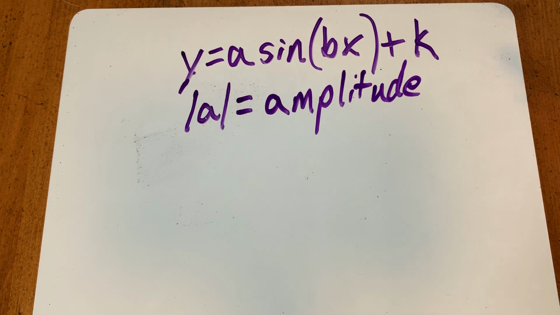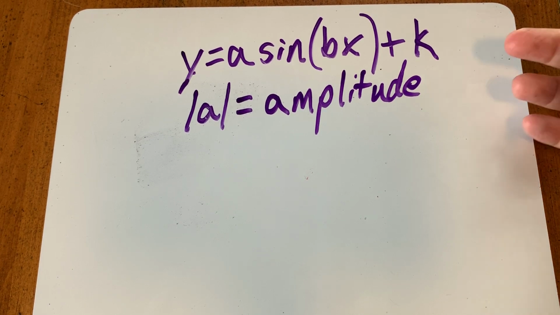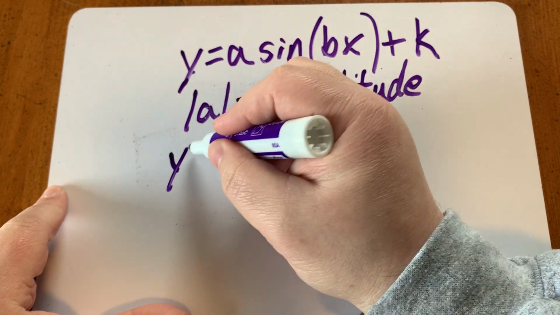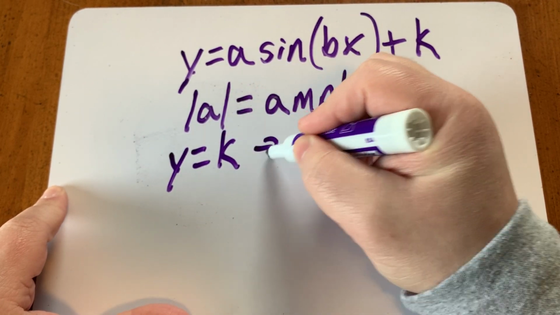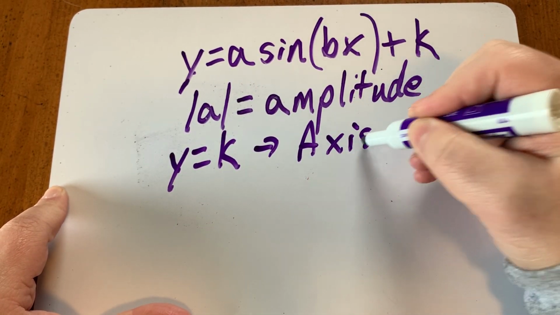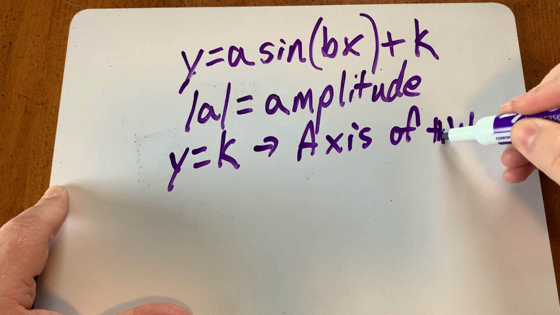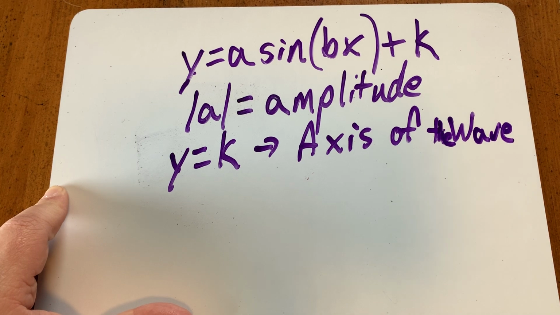So twice our amplitude is the total height of the function. The maximums are one amplitude above the axis of the wave. The minimums are one amplitude below the axis of the wave. And our axis of the wave is at y equals k.